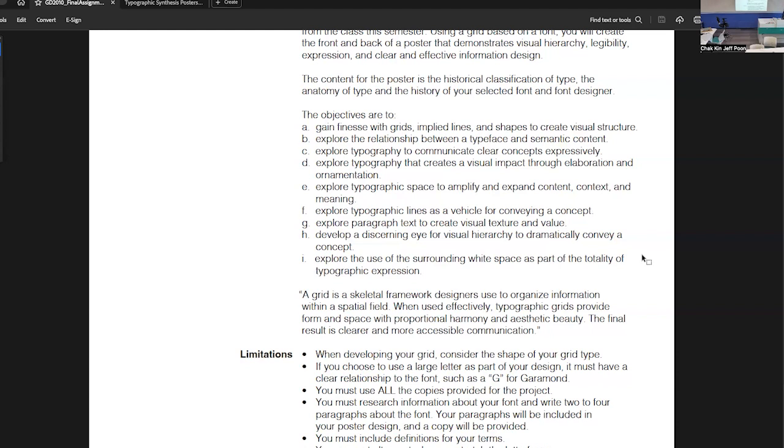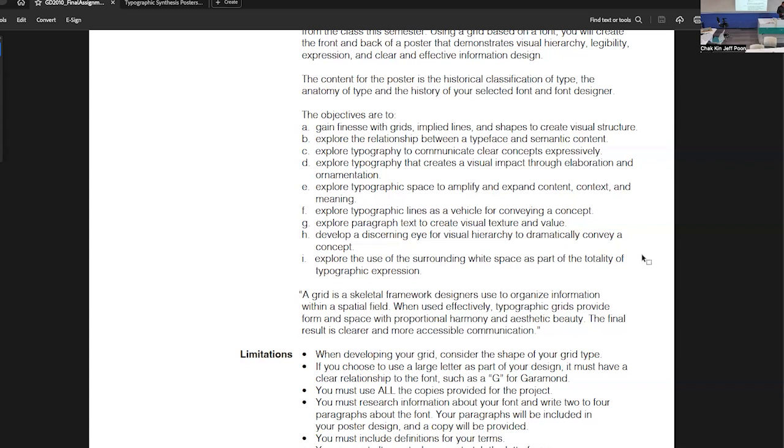And D, explore typography that creates a visual impact through elaboration and ornamentation. So ornamentation is a part of whatever typography we talk about. That also gives you a feeling, a concept about something, and also contributes some kind of impact.